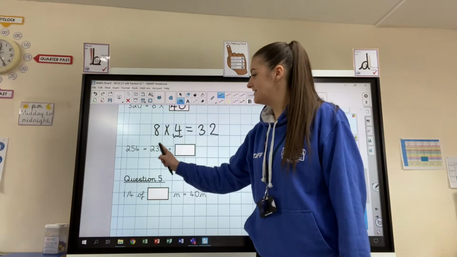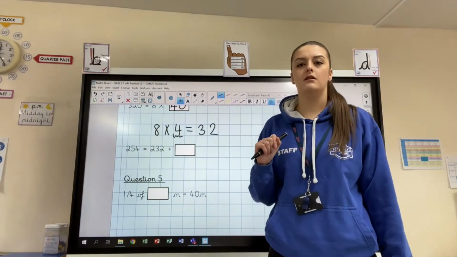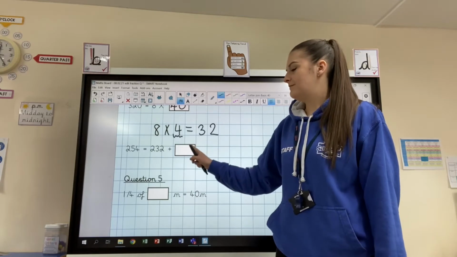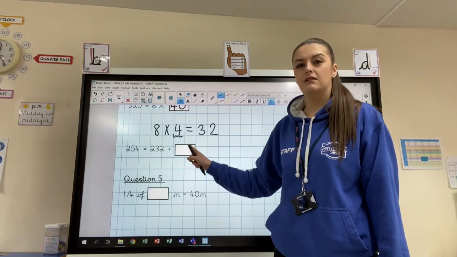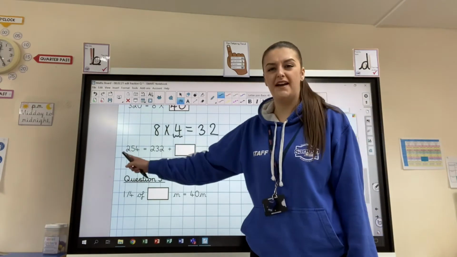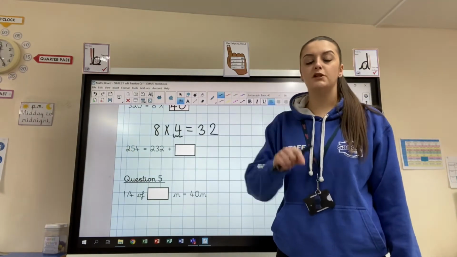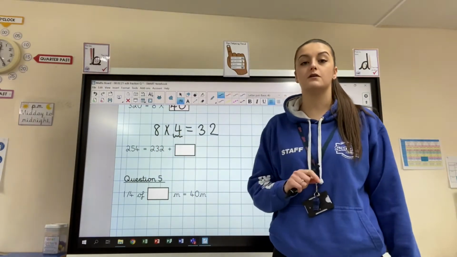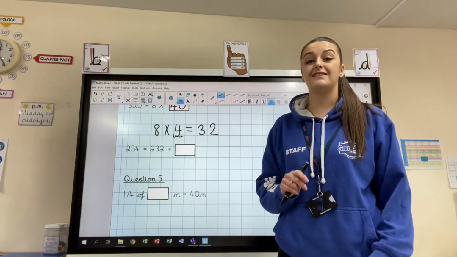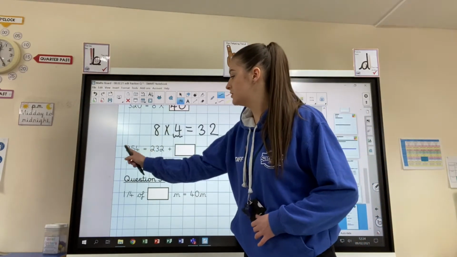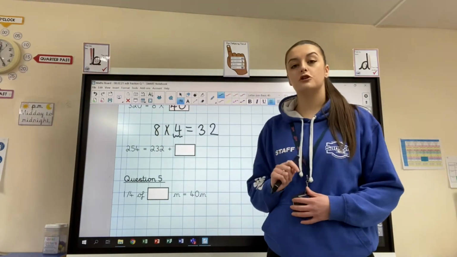Now, if I added those 2 numbers together, I would get a number that's double the size of them nearly. Will that be right, to have a really big number here, bigger than my answer? No, so we know we need to use the inverse. Make sure you're really reading that question first and looking carefully at the numbers to decide which operation you're going to do. So I know I'm going to have to do a subtraction with these 2 numbers.